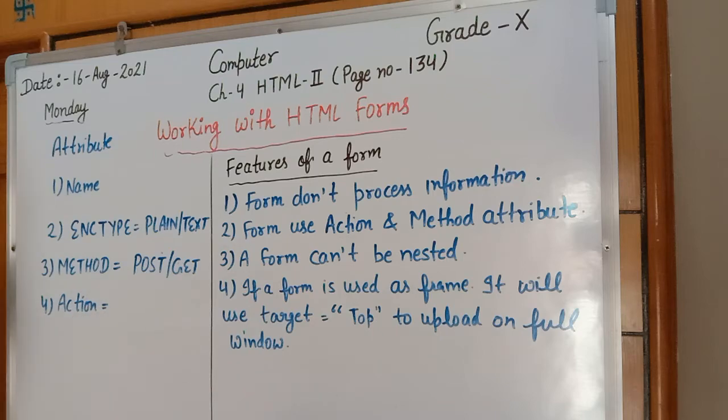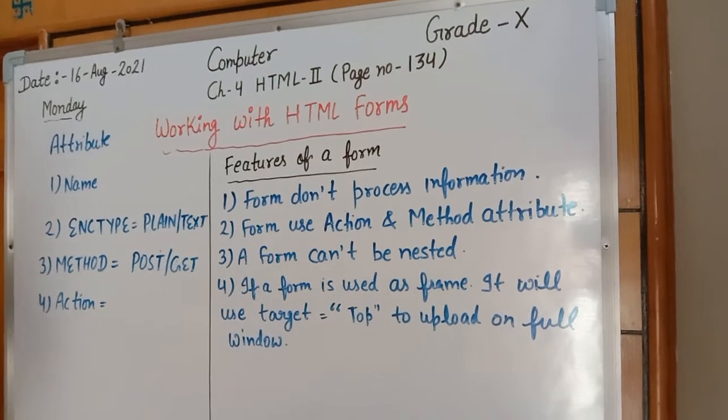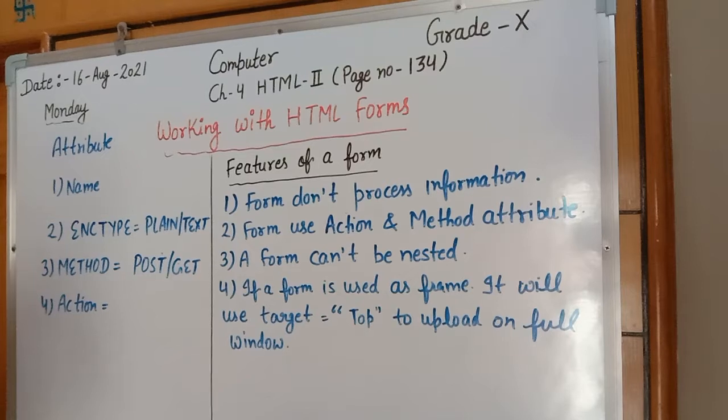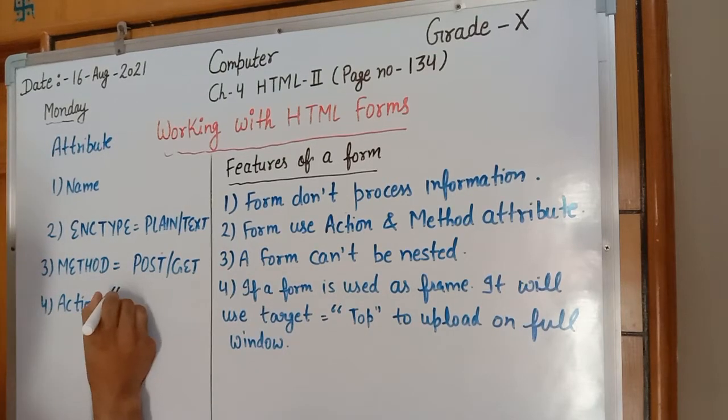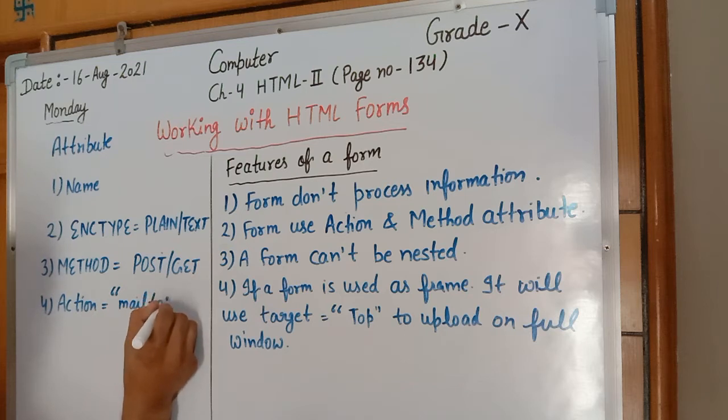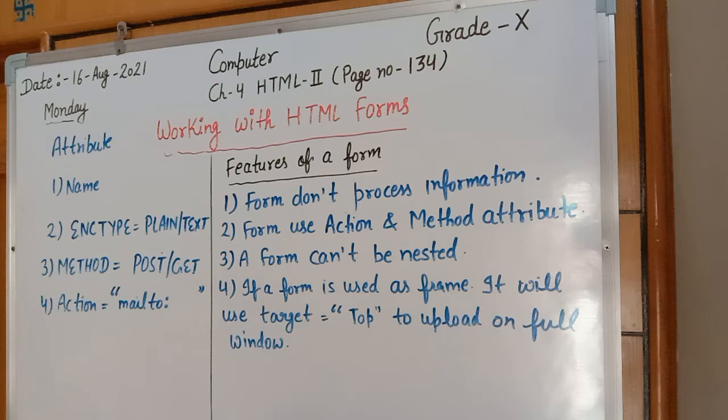In action we can use the specific attribute, that is mail to. In mail to we will give the address of mail ID where we will collect the information from a form. It means after submission of form, the information will go to which mail ID that is performed by the action attribute. So let's start with first part.